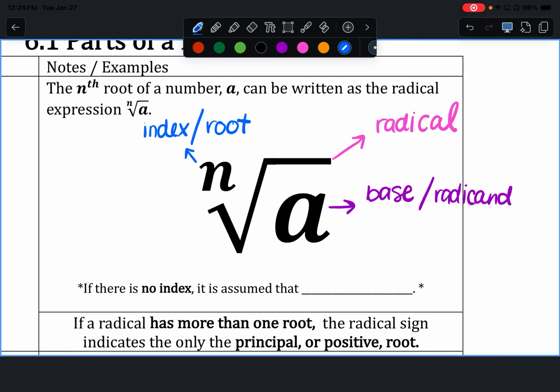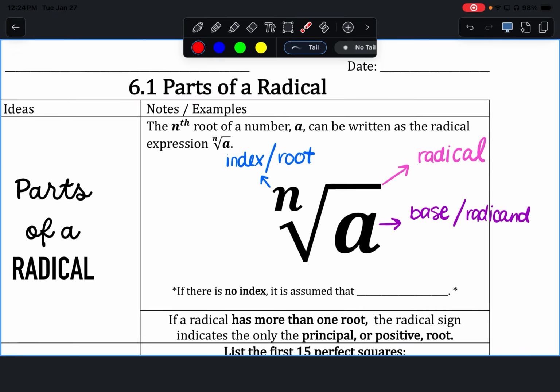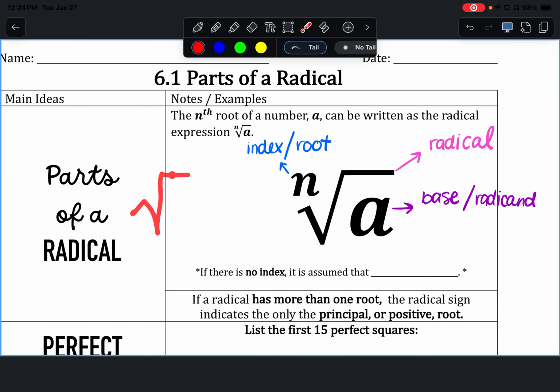Whatever root you're taking, if it is a cube root, it would have a 3 there. If it's a fourth root, it would have a 4 there. But when we're used to seeing this right here, how would I read that? The square root. When it is the square root, they don't bother putting the 2 there.